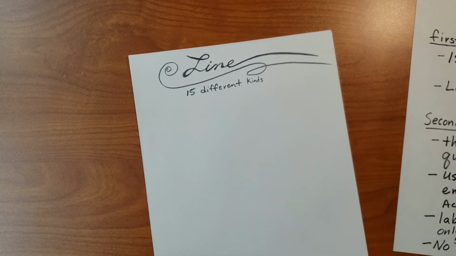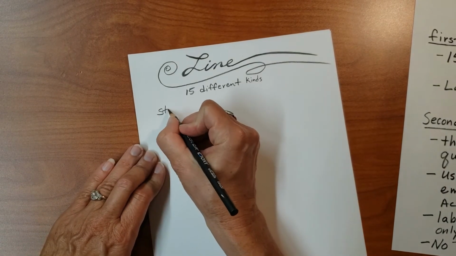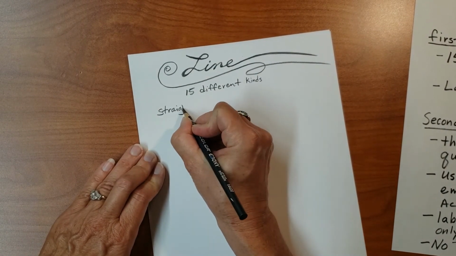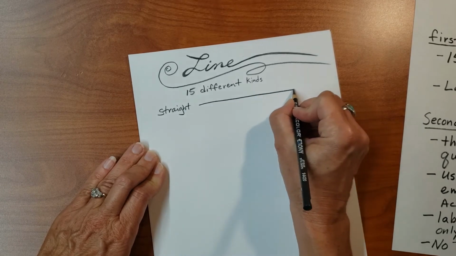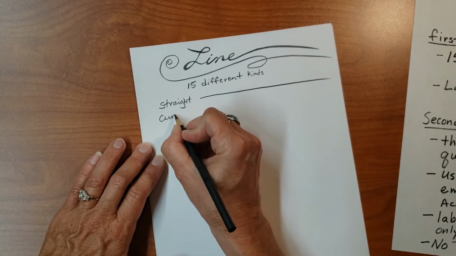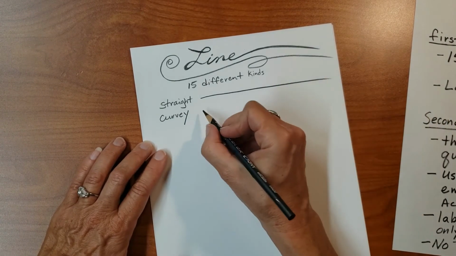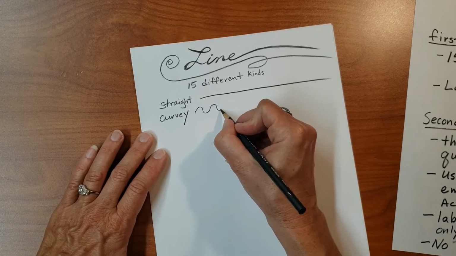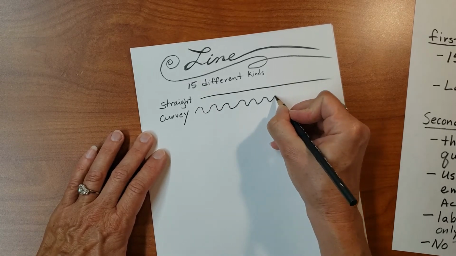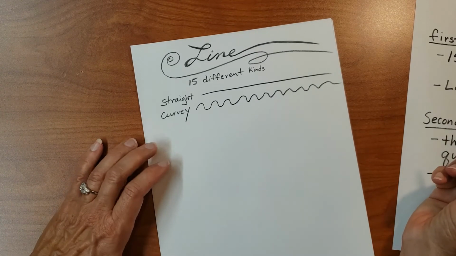I want to show you some things to be thinking about besides the basics. So you can have straight, right? We got straight. And then we can have curvy. Now, different people will have a different interpretation of what curvy is. Even though I might say curvy and make something like this, somebody else would make a different kind of curvy line.